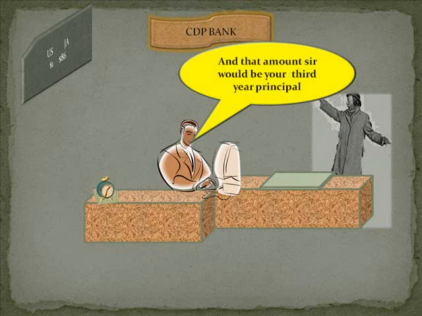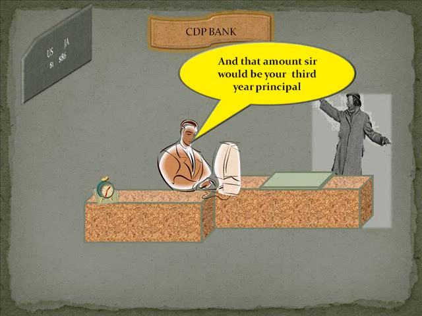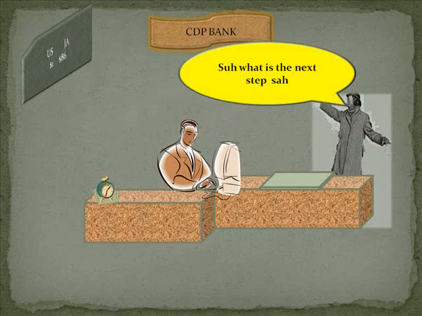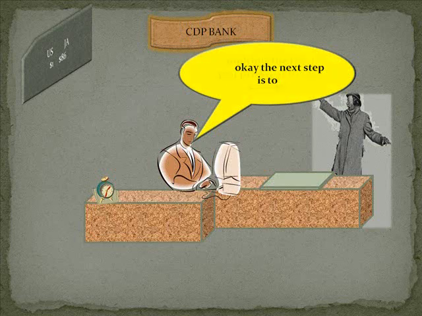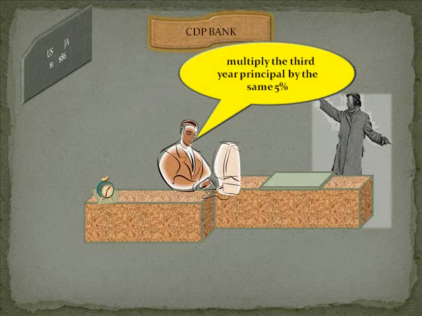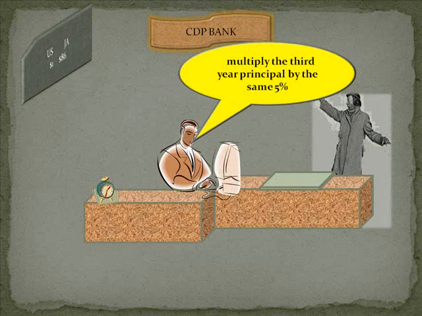And that amount, sir, would be your third year principal. So what is the next step, sir? Okay, the next step is to multiply the third year principal by the same 5%.